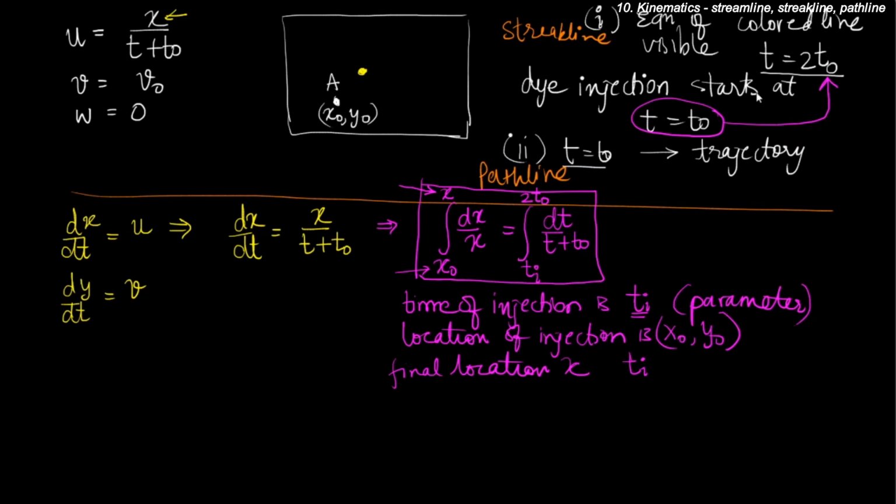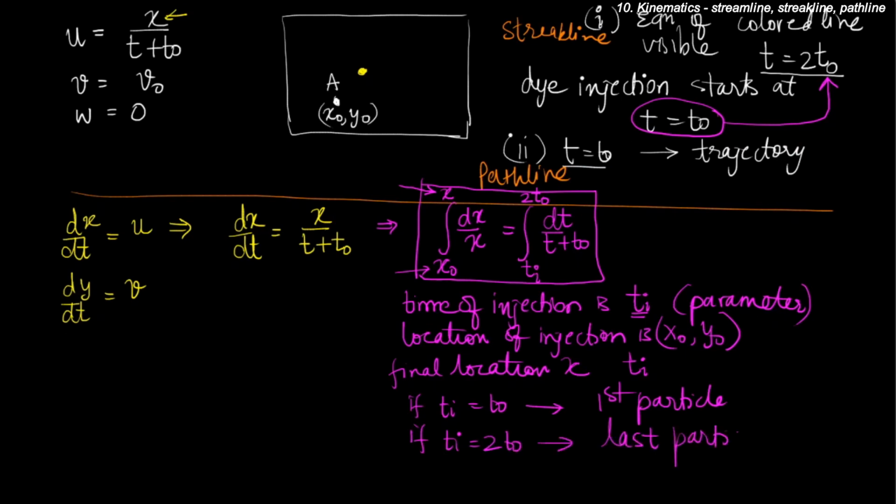If ti is equal to t naught, then it is the first particle injected into the domain and it would travel the farthest, residing in the domain the longest. If ti is equal to 2 t naught, it is the last particle coming into the domain and it would be just at the point of injection.